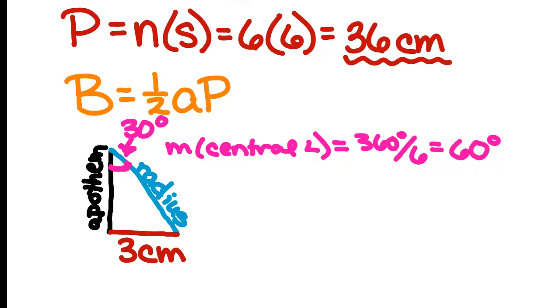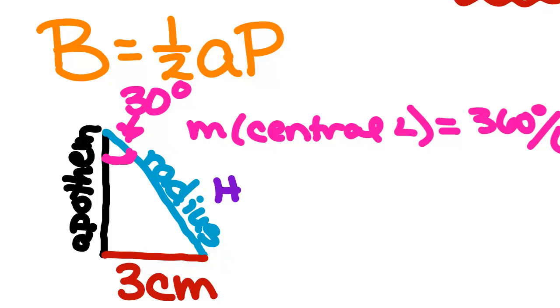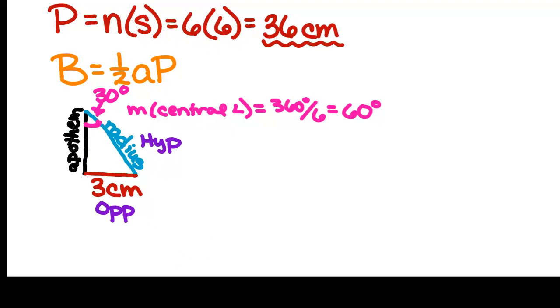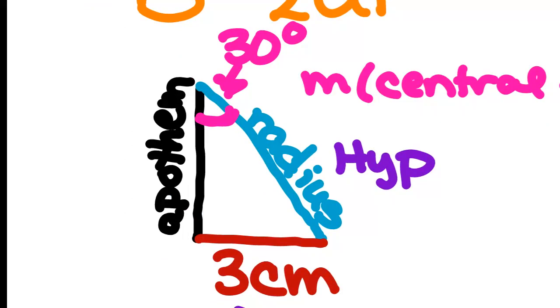We need to label up our sides. Which of those sides, radius, apothem, or the 3 centimeters down at the bottom, is the hypotenuse? Radius is the hypotenuse. Based on standing up here at this 30-degree angle, which side is the opposite side? The 3 centimeters is my opposite side. And so that means the apothem is which side?